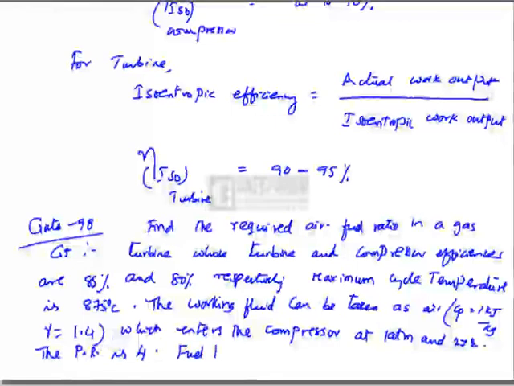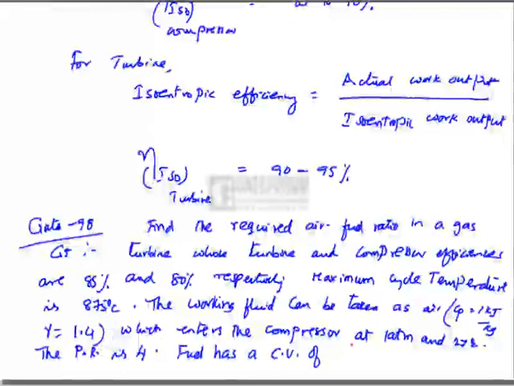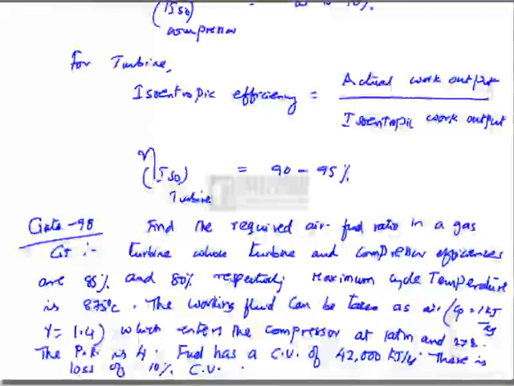Fuel has a calorific value of 42,000 kilojoule per kg. There is a loss of 10% of the calorific value of fuel in the combustion chamber.